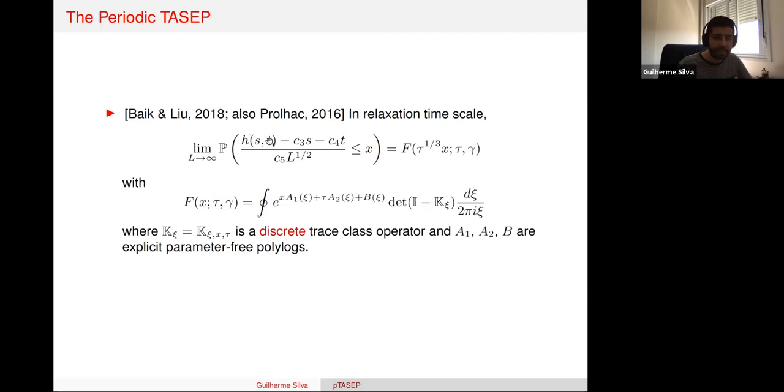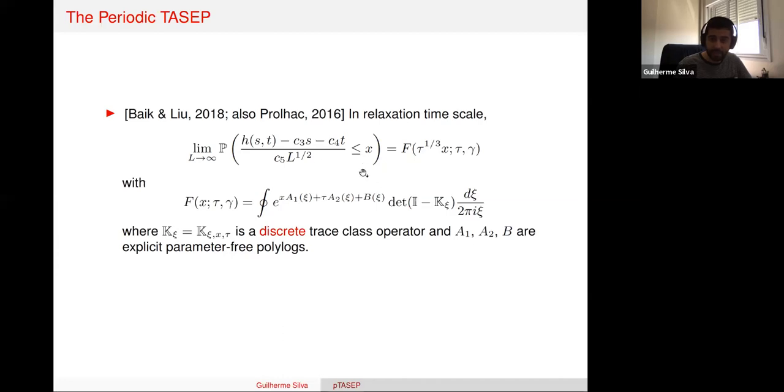So what you see here is the usual scaling that we do. You look at the height function at location S and time t. You scale things appropriately. L here is the period. I don't want to focus much on the constants. And so you look at the 1-point fluctuations for the height function, scaling according to the relaxation time scale.